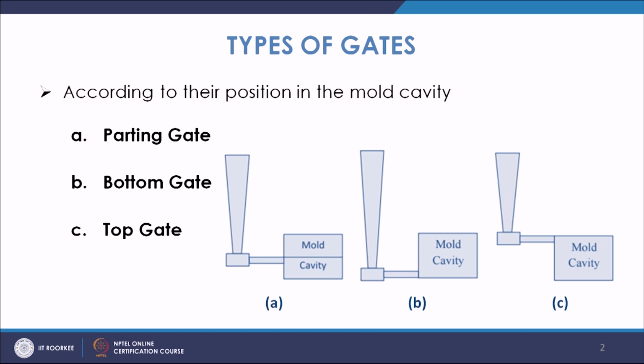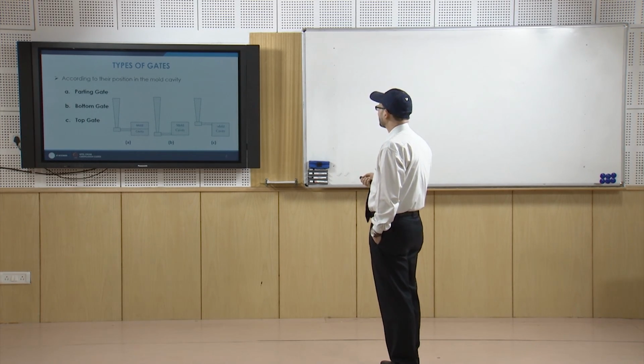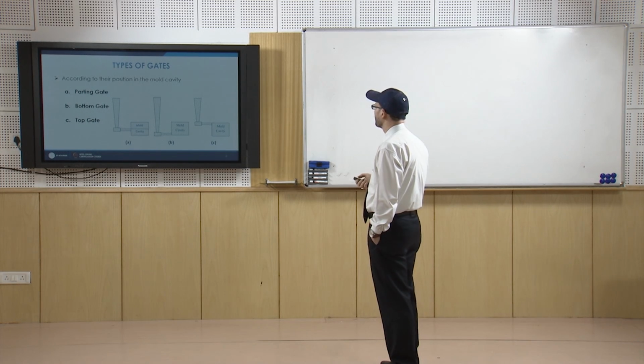The parting gate is the one where the metal entry into the cavity will be at the parting line. So, this is the parting gate. Here you have the entry of the molten metal at the parting plane.